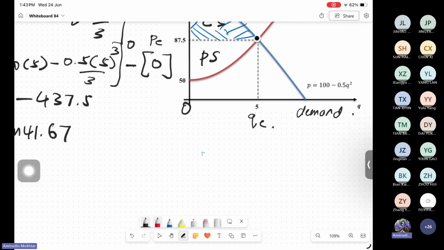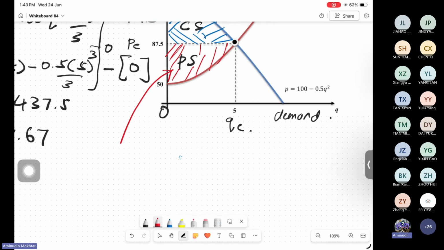We can find the PS. Again, the PS is the area between the price line and the supply curve. We are not interested in finding the area below the curve, but we can. Our focus is only on the area between the price line and the supply curve. So based on the indefinite integral, this is the formula for producer surplus.